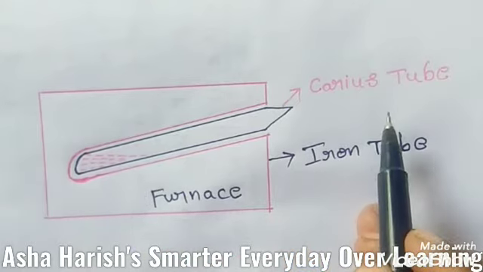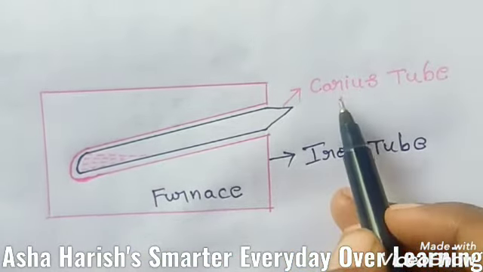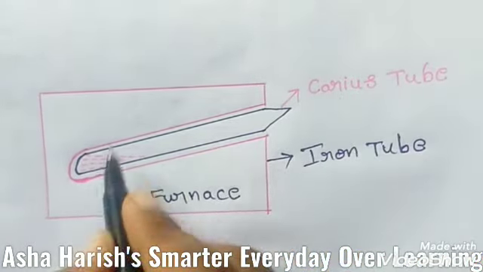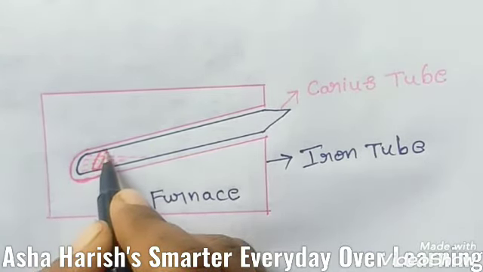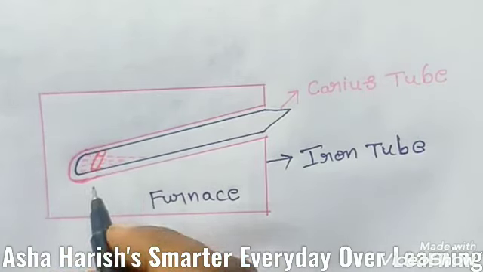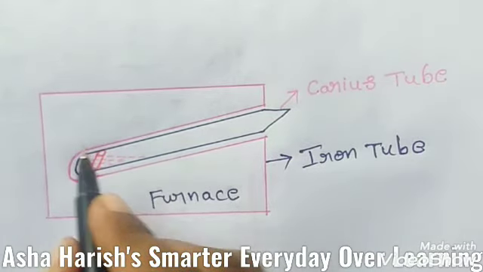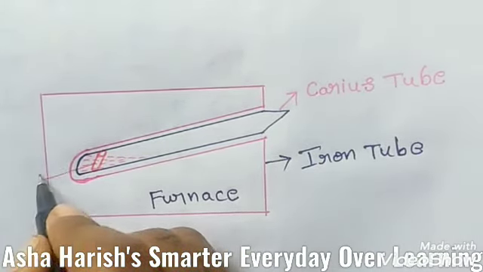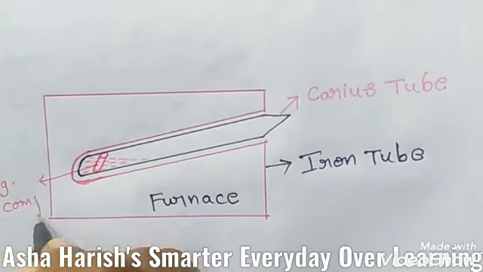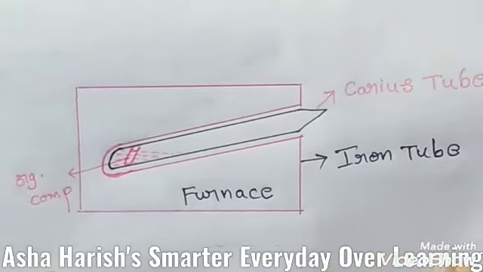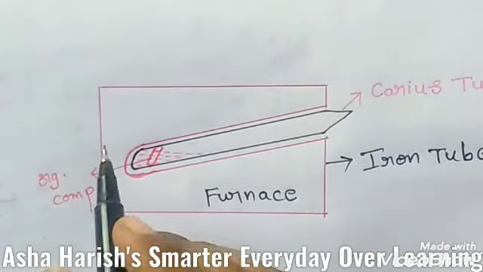Inside the Carius tube, you take a small tube, just like a test tube, containing a known weight of the organic compound.